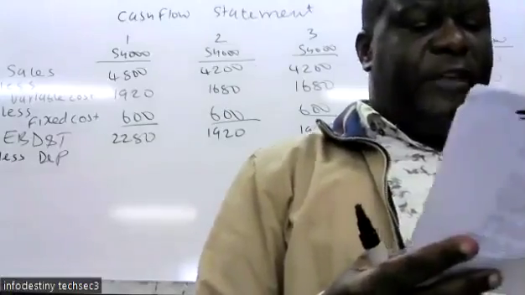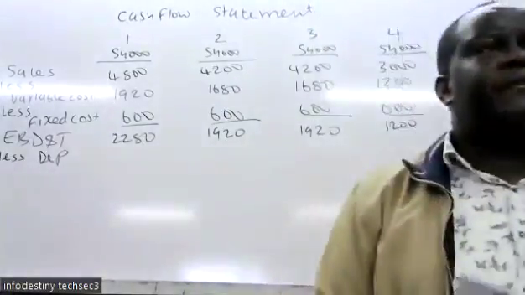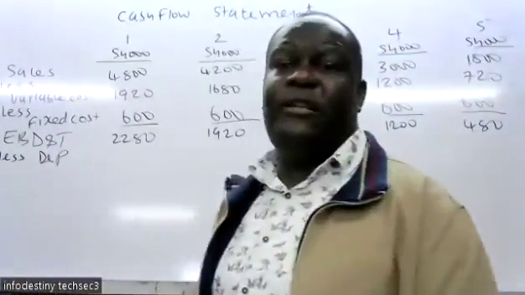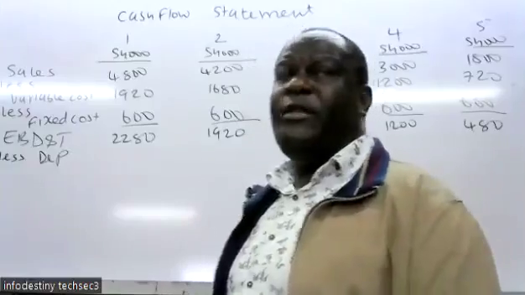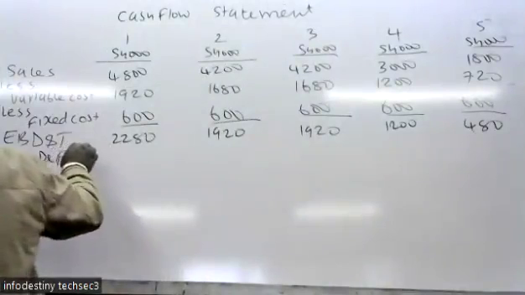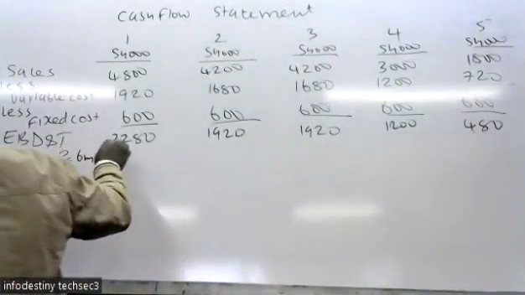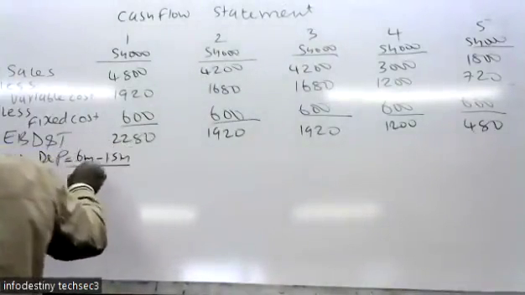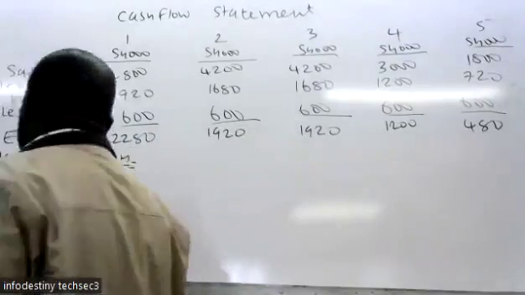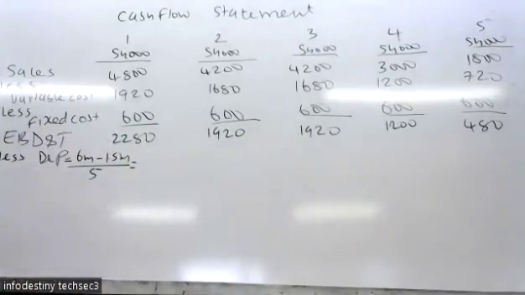And the salvage value would be 1.5. So we use the straight line method to calculate depreciation. Take the 6 million minus the salvage value, which is 1.5 million, divided by the 5 years. That should give you the depreciation per annum.